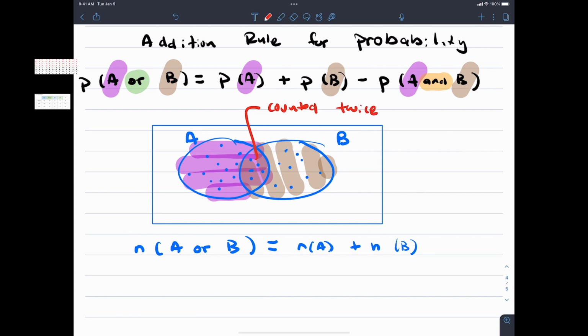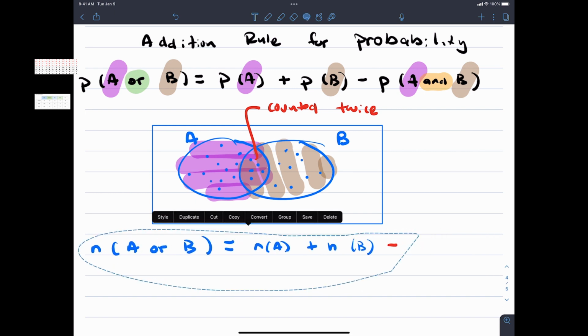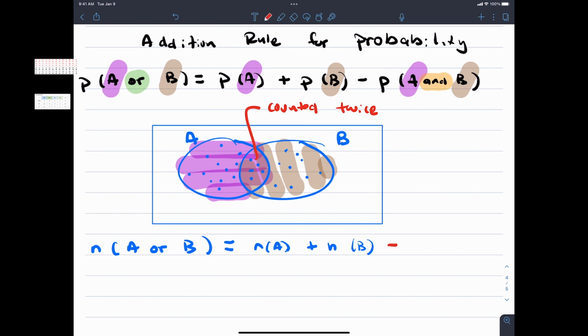So how do we fix this? We subtract it once. Okay, so the overlap was counted twice. We fix it by subtracting it once. What's the overlap, though? That's the intersection of A and B right in here. So we subtract that. Easy breezy lemon squeezy. You guys okay with that? We subtract it now.